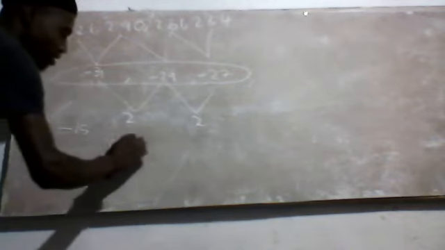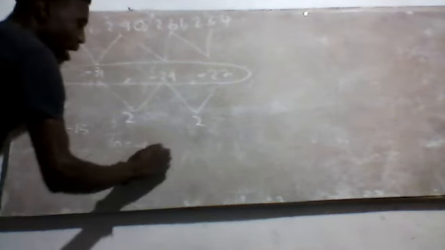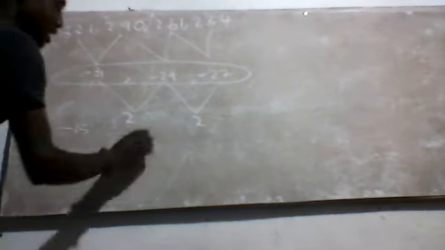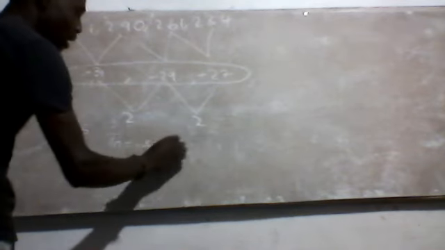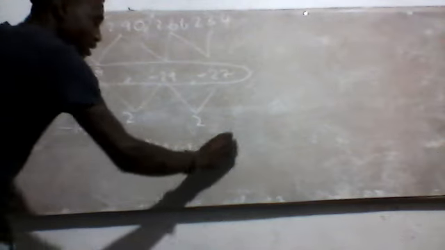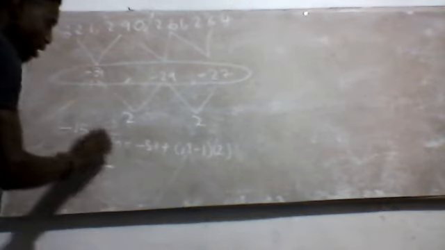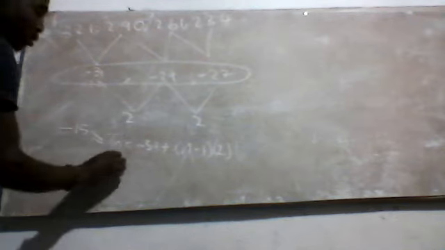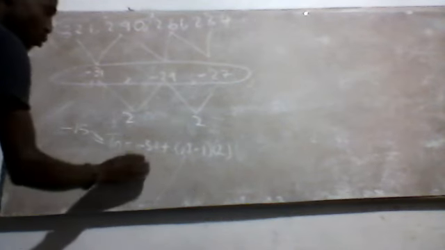If they say which term of the sequence, guys, I've already told you how to deal with that. You'd be having your equation of Tn is equal to a plus, in fact, let me substitute my a is minus 31, plus n minus 1 times my d, which is actually 2. And if they ask me which term is minus 15, I know that they've given me the value of Tn. Minus 15 is equal to all that, then you solve for n.